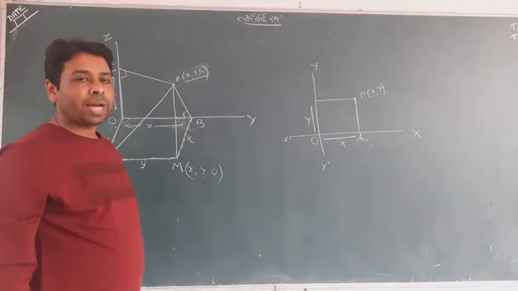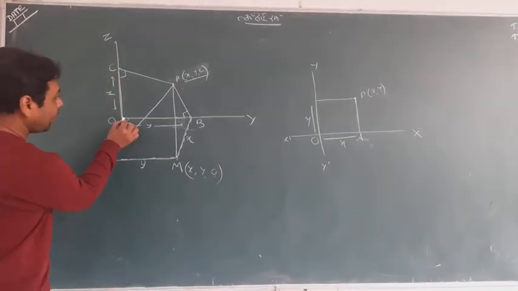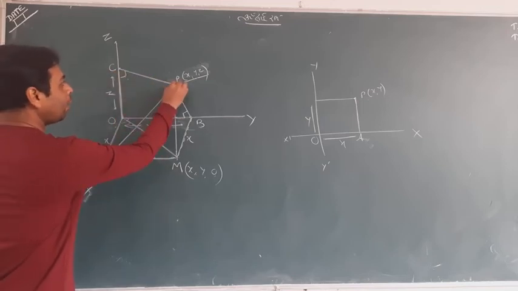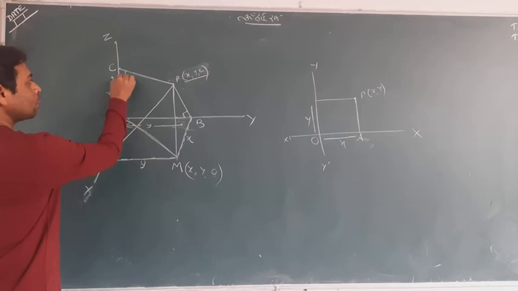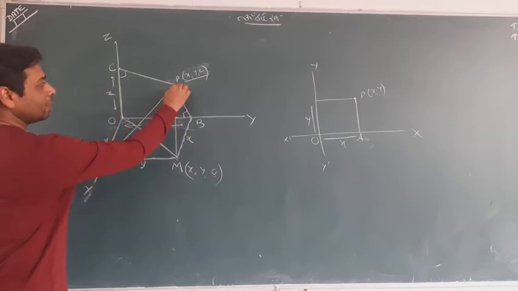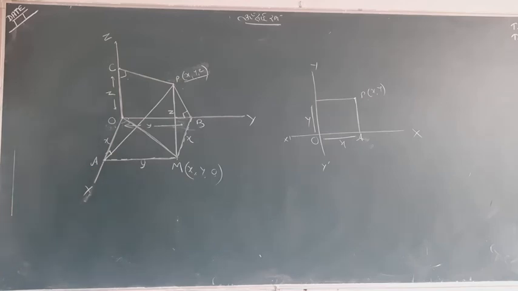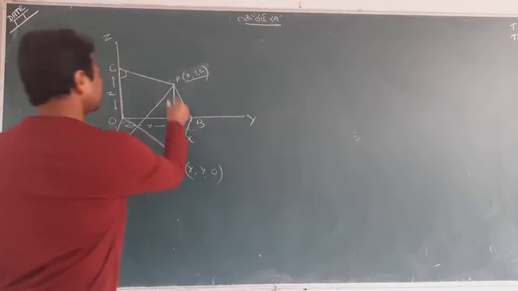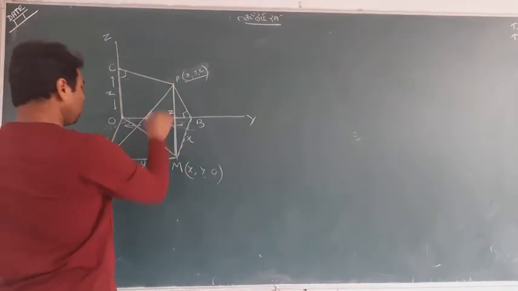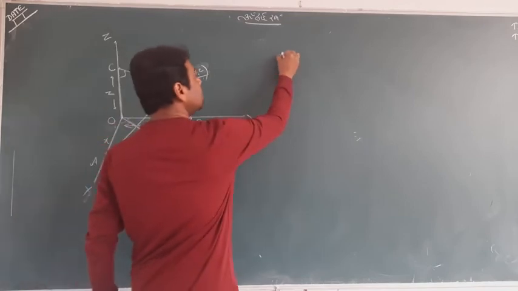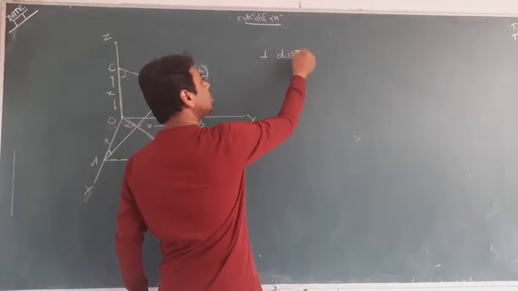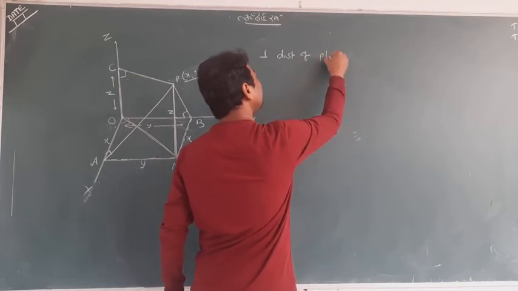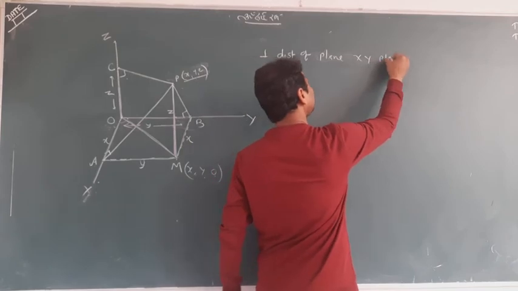So you know what I do, a very important thing I will tell you. If I join this one, this is also a rectangle you will form. So if it is z, it is also z. Can you define this particular distance in your own words? Which distance? This distance. This is the perpendicular distance of point P from the xy plane.